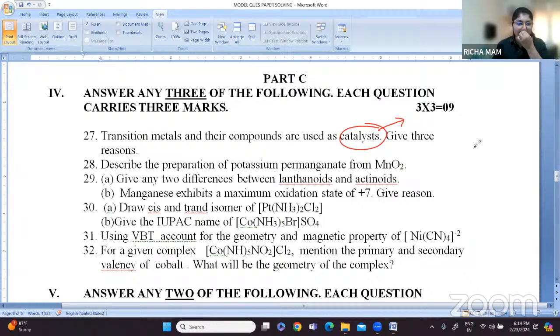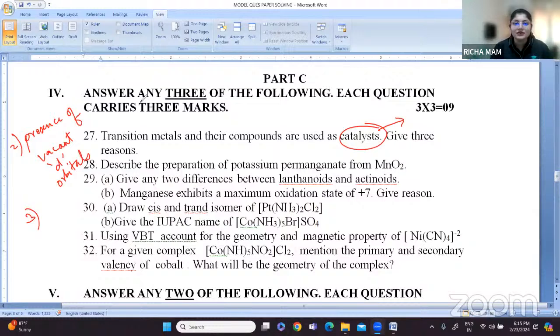So this is the second reason. Then the third reason is the formation of intermediate compounds. Transition metals and their compounds are used as catalysts because these metals can form intermediate compounds.